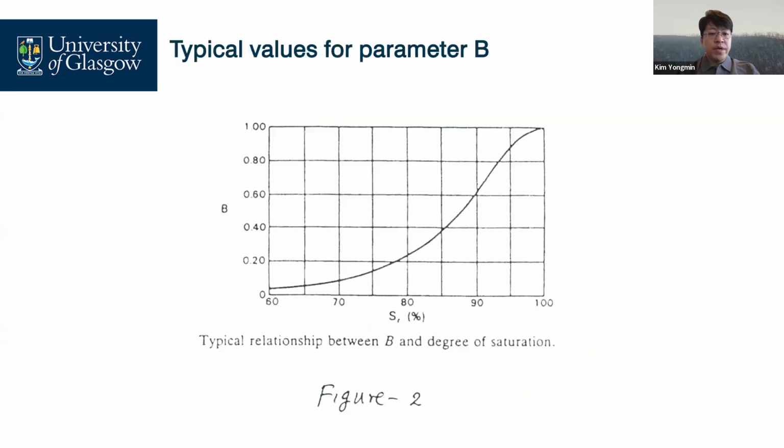The B value always corresponds to the degree of saturation. Theoretically, once you have 1, your degree of saturation is 100%. What about 0.9 something? Still almost 100%.